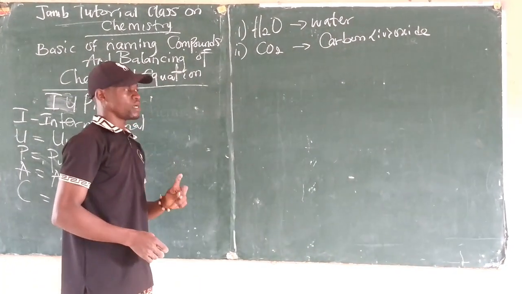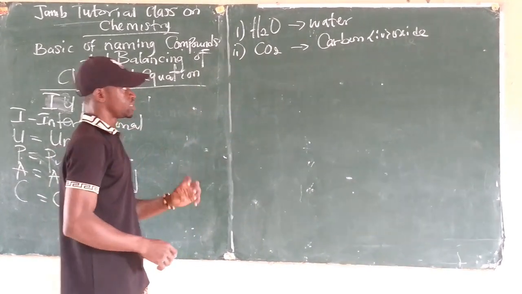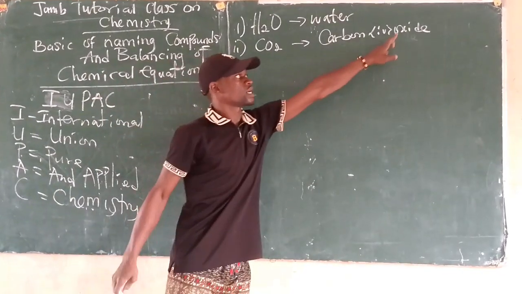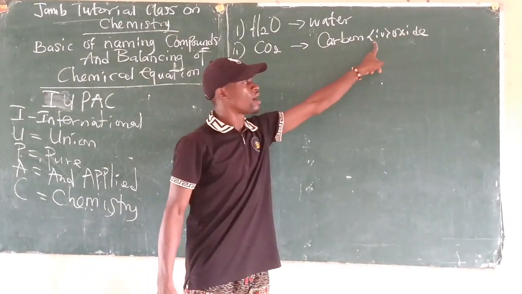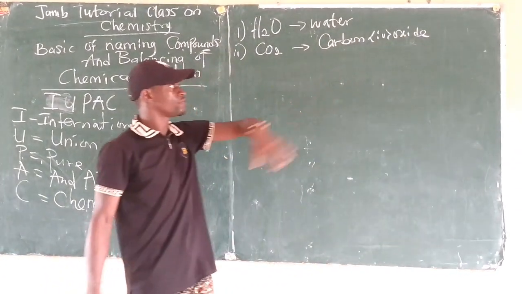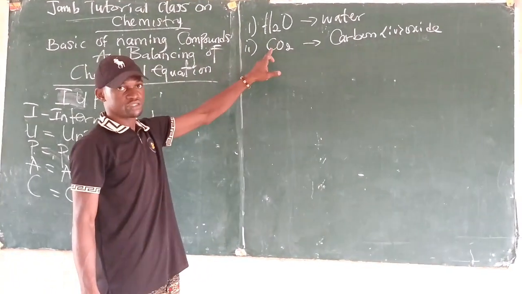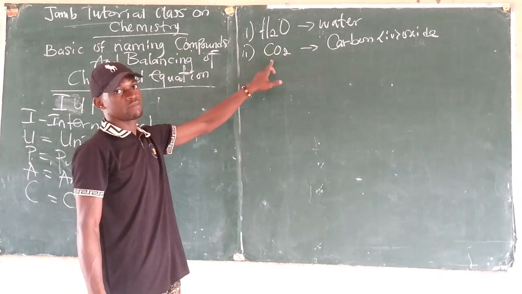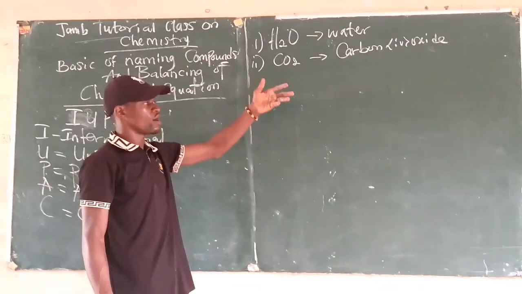Under IUPAC, when oxygen is reacted with one element, oxygen is simply known as oxide. This oxygen is being known as what? Oxide. Then, how come this 4? The 4 is the oxidation number of carbon.